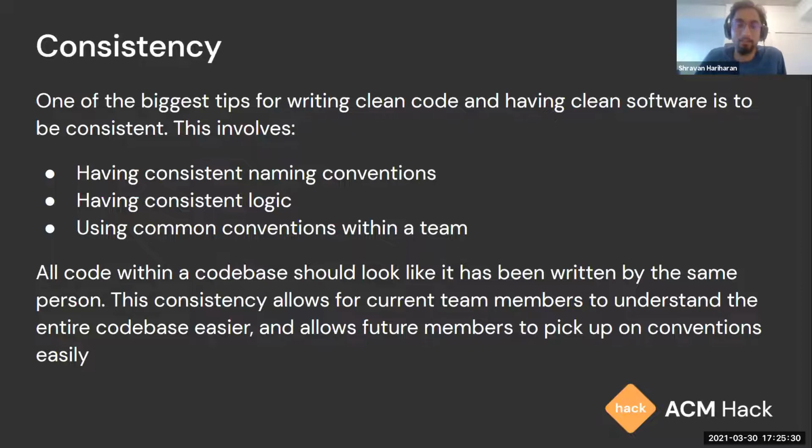Okay, I do want to go over consistency a bit, because arguably one of the biggest tips for writing clean code is to be consistent with your teammates and with yourself. So this means having consistent naming conventions, consistent logic, and using common conventions within a team. It's so important because it speeds up reading time.